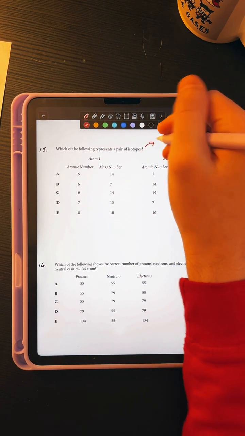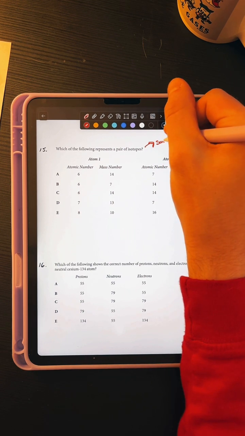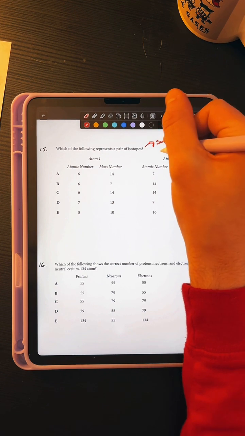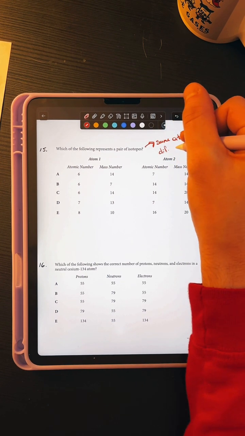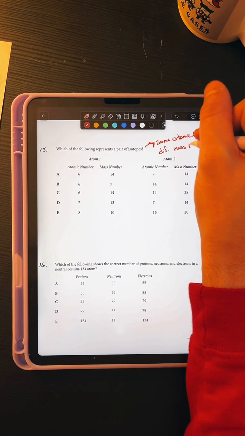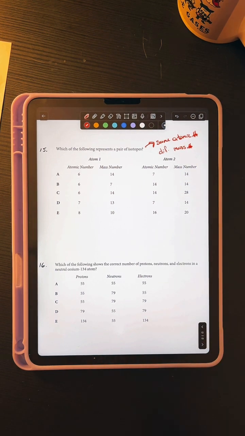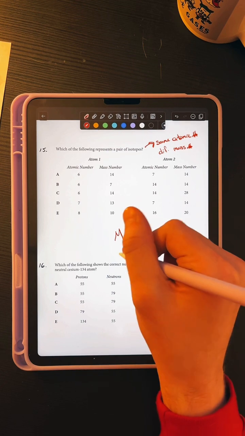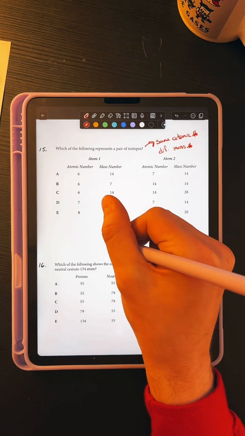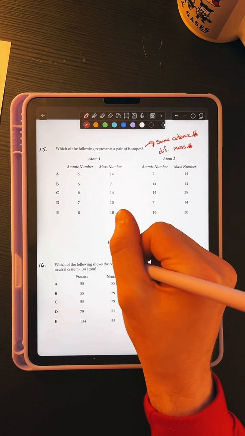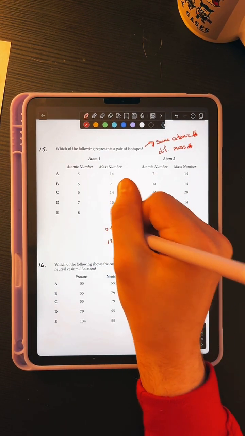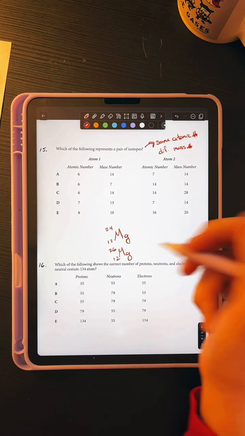But in any case, which of the following represents a pair of isotopes? Now remember, an isotope is something with the same atomic number but different mass number. That's because an isotope is the same element, so magnesium and magnesium. Same element here would be 12 and 12, but then we have a different mass number, like 24 and 26.